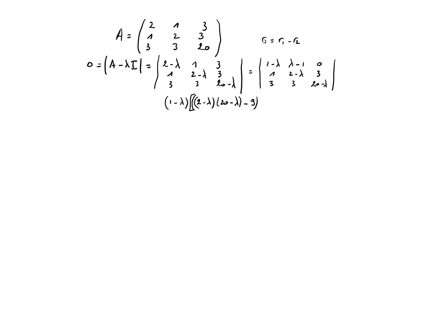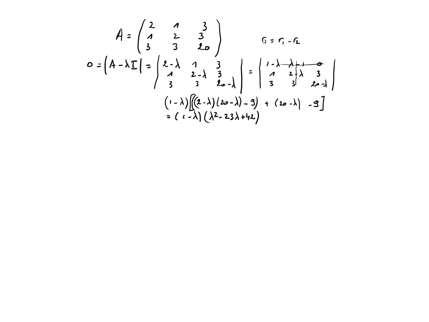And now we have to take the following determinant, so it's plus 20 minus lambda minus 9. Okay, so I'm not going to do the whole calculations, but if you do this, you'll obtain minus 23 lambda plus 42.